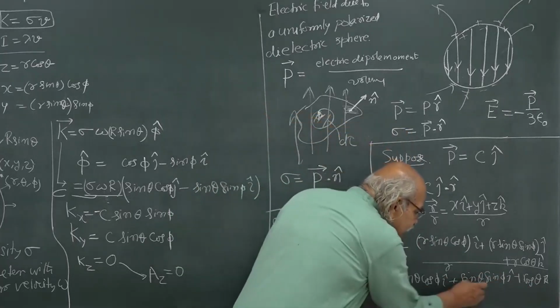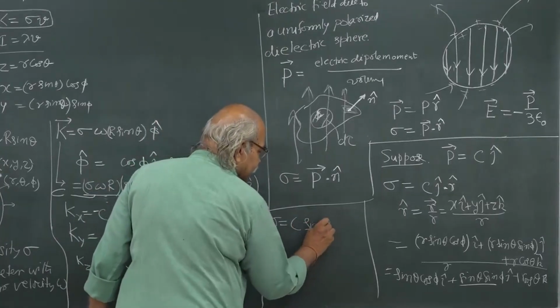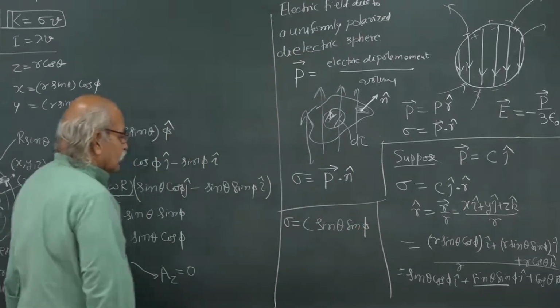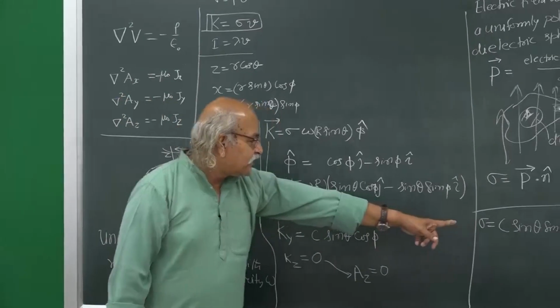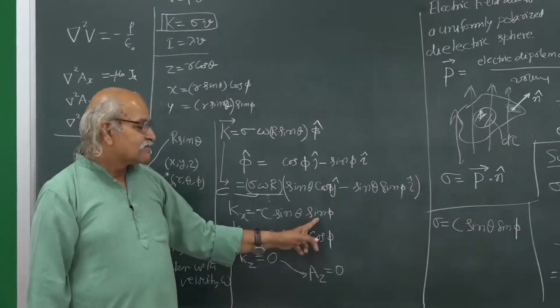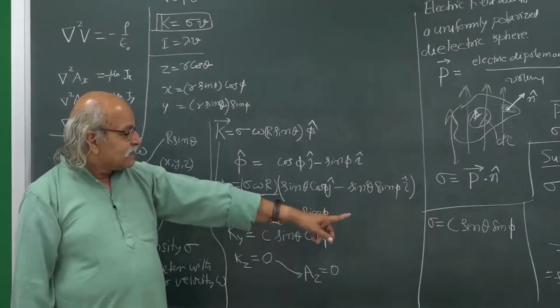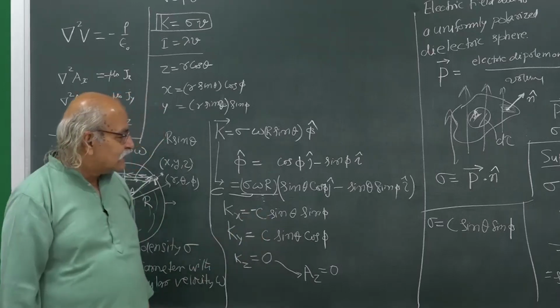So, you will only get sin theta sin phi. Look at this, sin theta sin phi. So, we have gotten a charge distribution which is this, except for this minus sign.